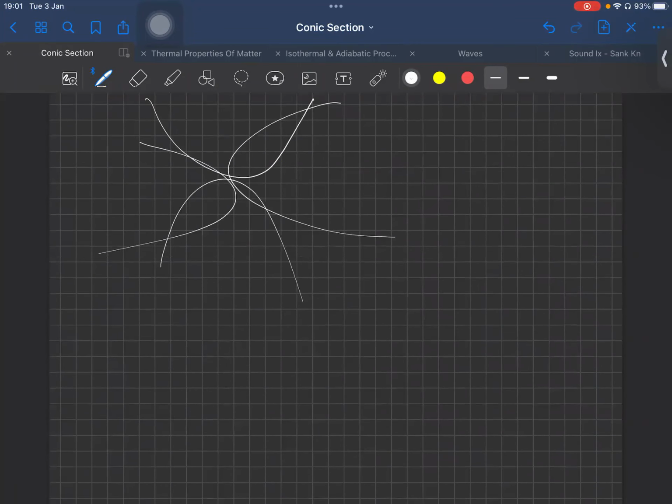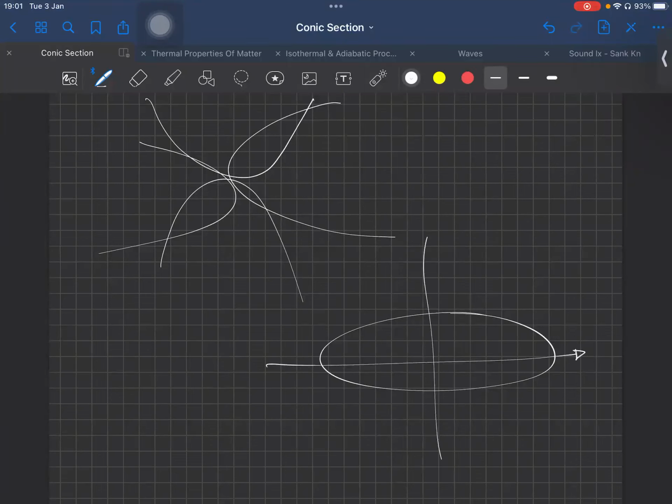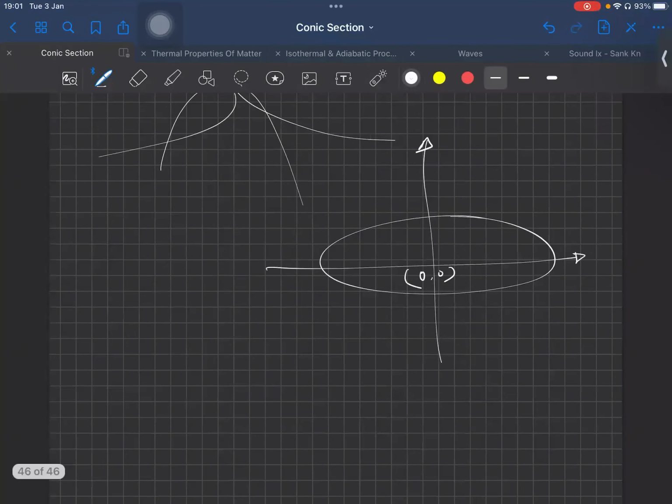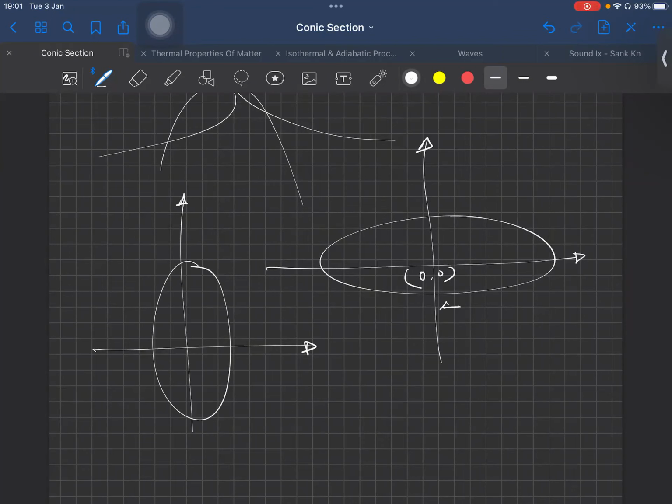Ellipse: these are the two types of ellipse we have studied, whose center is always at the origin. One is this ellipse, and another one is this vertical ellipse, right? So this is your semi-major axis, and this is the semi-minor axis. In this case, b is your semi-major axis, and a is your semi-minor axis.